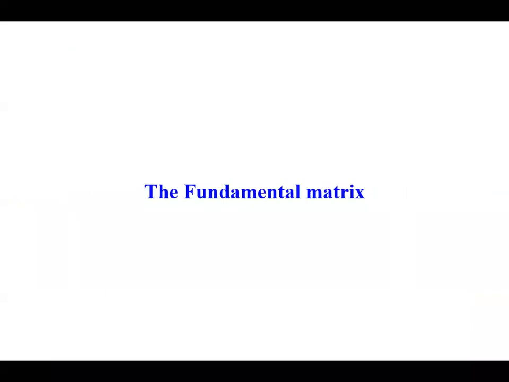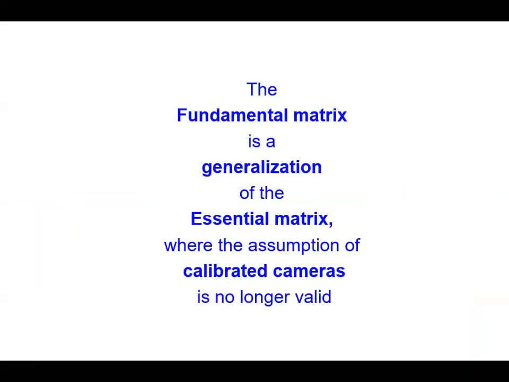How about we generalize that with the fundamental matrix, where we assume the cameras are no longer calibrated. I don't have any information in advance. I now need to relate the image pixels to the image pixels, or to the line pixels.